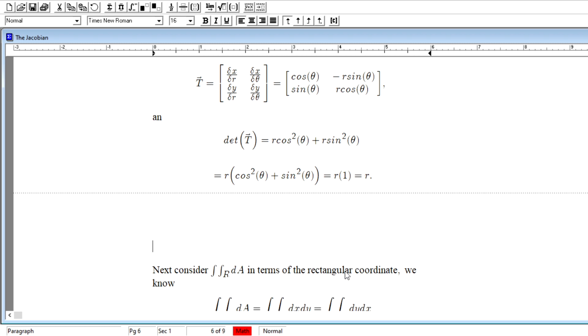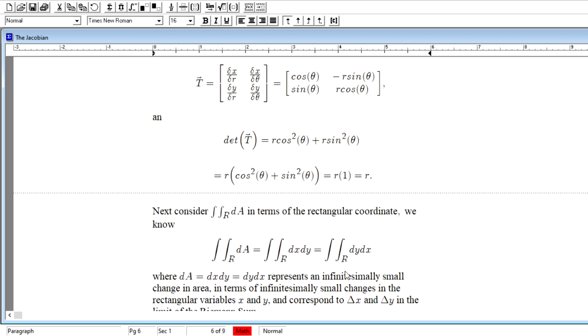Now, what we're going to next do is consider this double integral over region R with respect to the area of R in terms of rectangular coordinates.